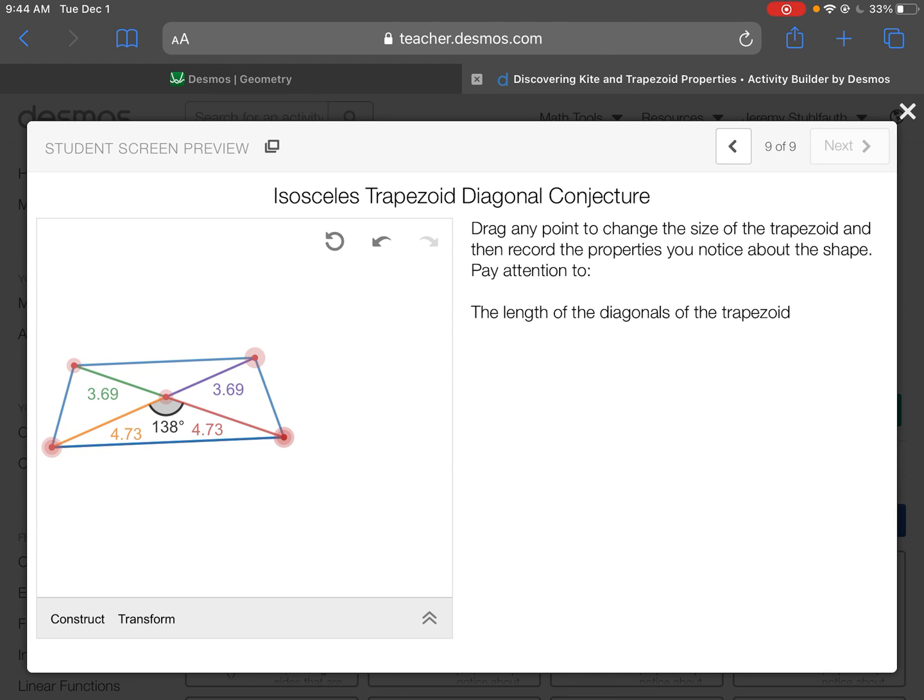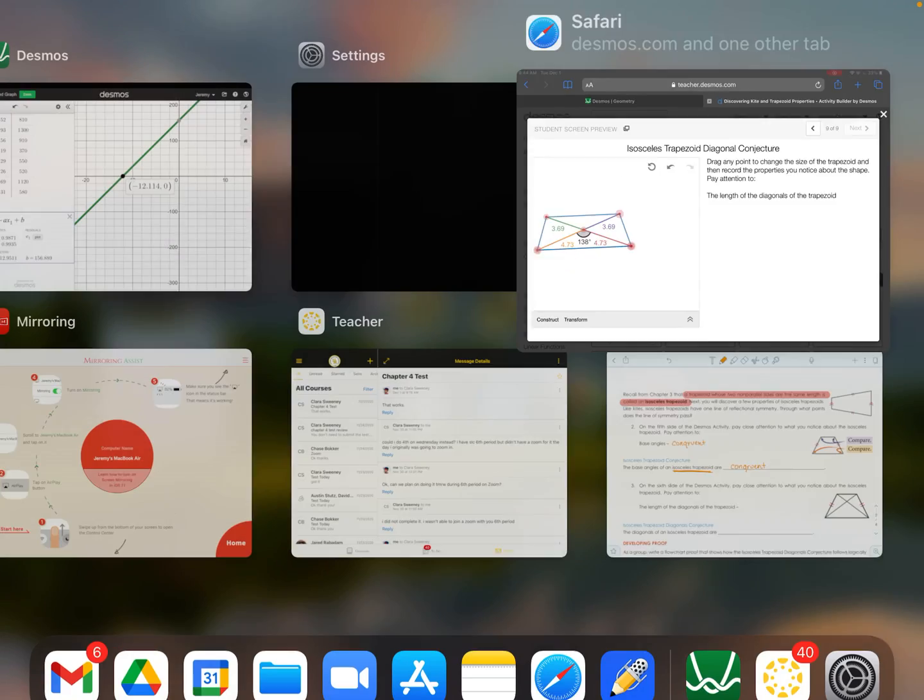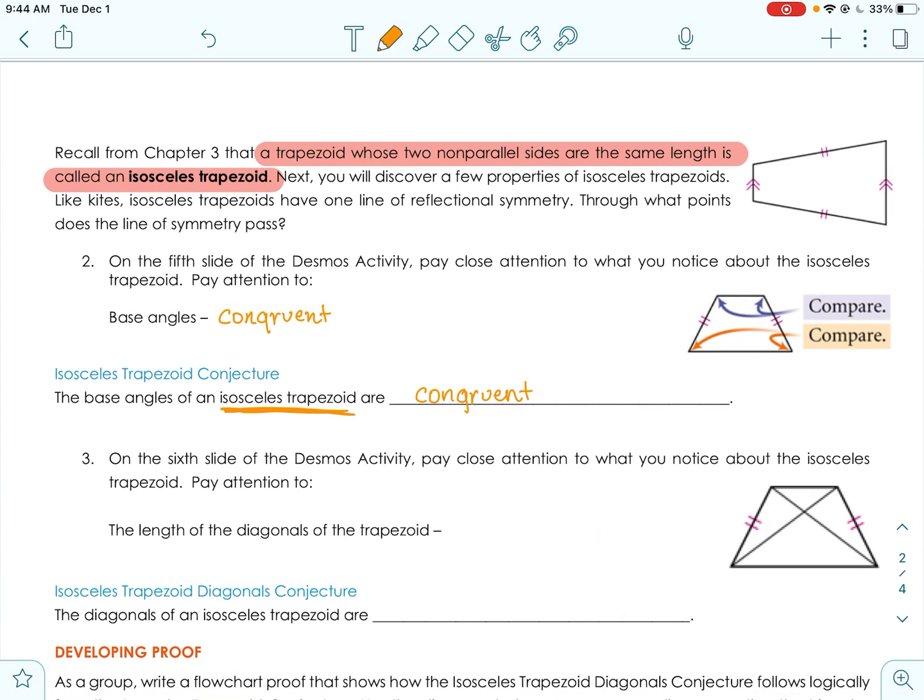If you added 4.73 and 6.9 for each of those diagonals, you would get the same number. So what you should notice here is that the lengths of the diagonals of the trapezoid are congruent. Okay, they're the same length.